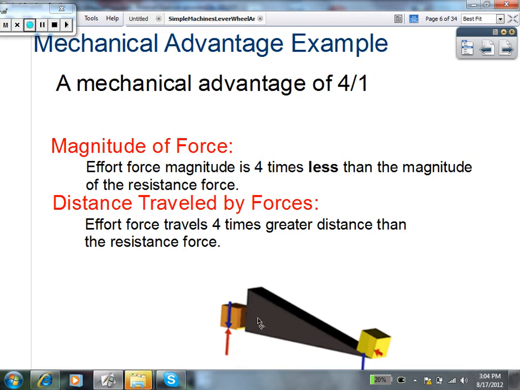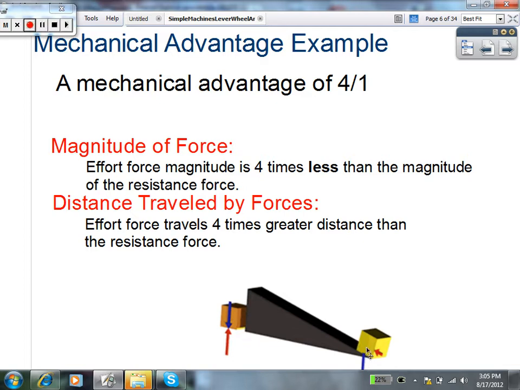So if we look at this box here, we're going to think of it in 2 different formats. We can think of it as lifting it directly up, or we can think of putting the box on an inclined plane and lifting it, where the inclined plane is one of our simple machines. So if this box weighs 100 pounds, and we need to lift it up 1 foot, the amount of effort needed to do that is going to be 100 pounds.